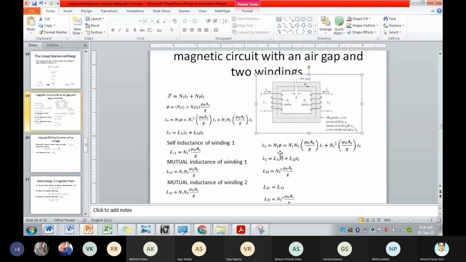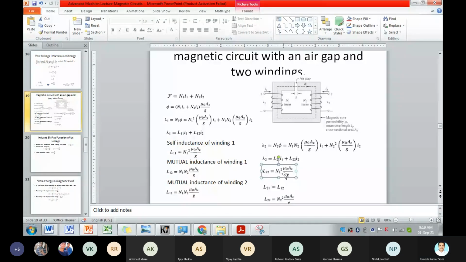Meaning the mutual term is affected by the other winding. Right, mutual inductance, so mutually induced flux linkage. So here you can see that this represents L21, the mutual inductance, and this represents the self inductance of the secondary winding. Here the self inductance of the primary winding is N1 square mu 0 AC upon G. Here the self inductance of the secondary winding is N2 square mu 0 AC upon G. Clear? So here you can see that L11 and L22 are the same except the number of turns for individual windings, N1 square and here N2 square.